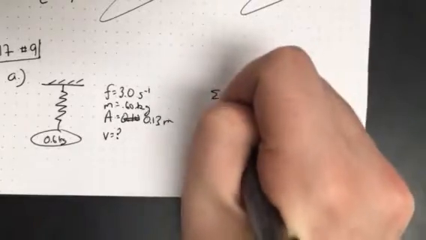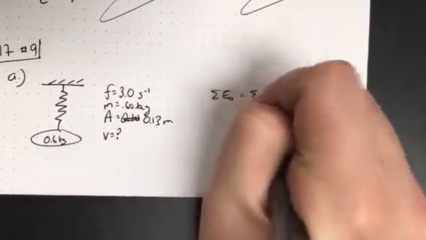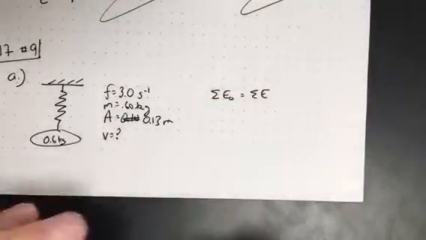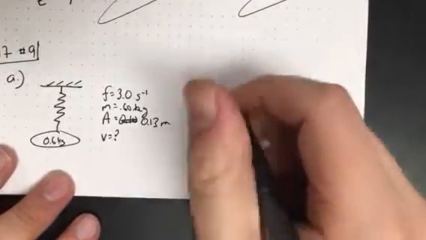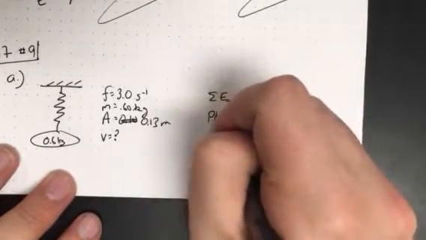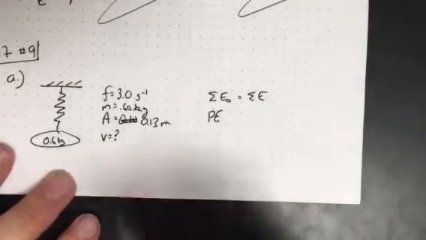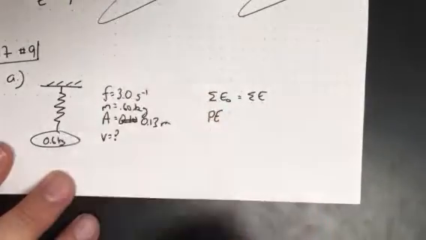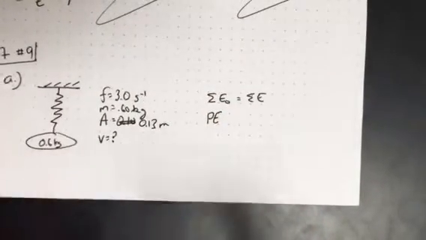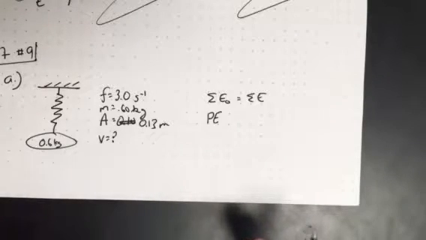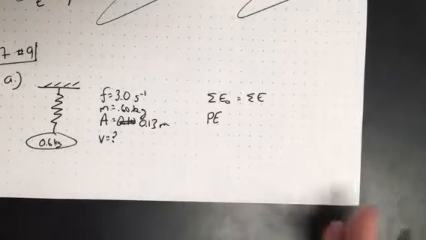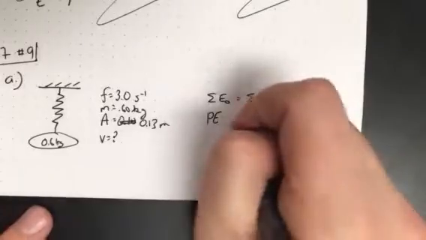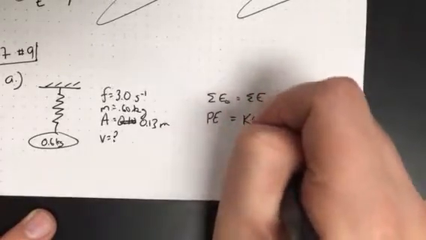If I do a conservation of energy equation, at the beginning I have no kinetic, it's all potential energy. Then I want to know at equilibrium, how fast is it moving? At equilibrium, the force is 0, so that's the point where there's no potential energy, and it's all going to be kinetic.